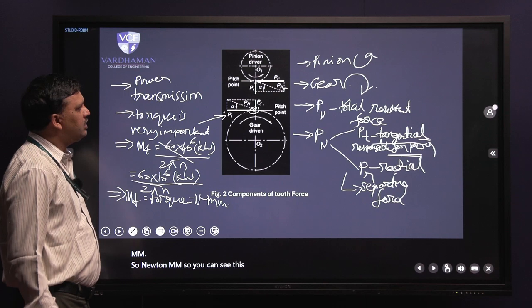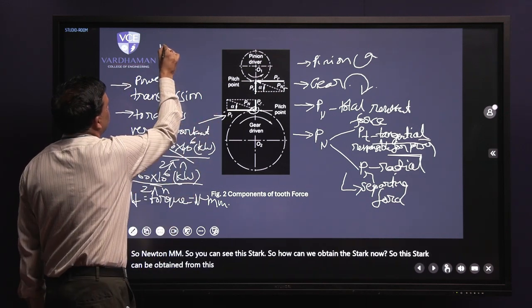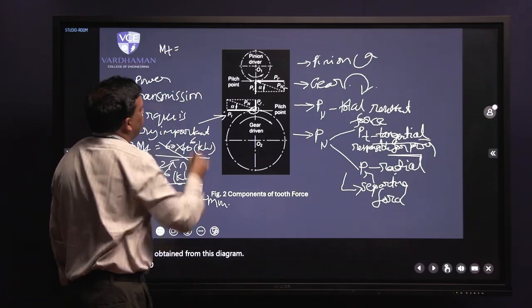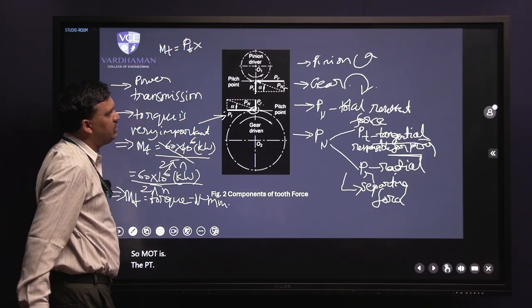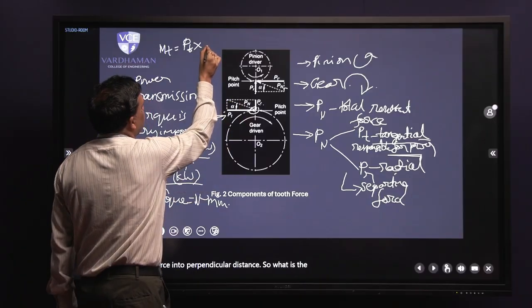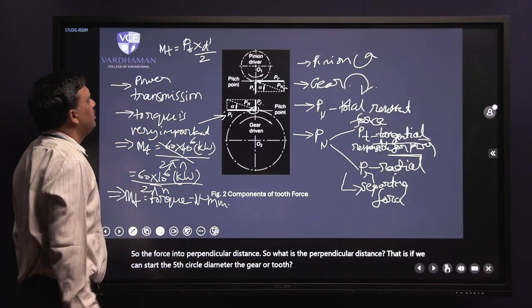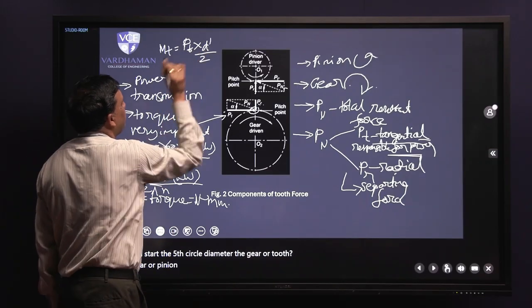Now how can we obtain this torque from the diagram? Mt is the force Pt into the perpendicular distance. The perpendicular distance is the pitch circle diameter of the gear or pinion divided by 2, so Mt is Pt into d dash by 2.